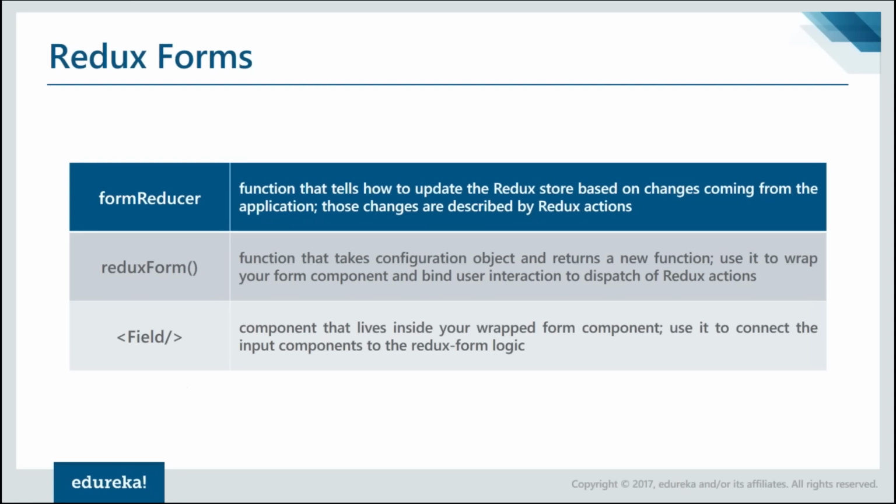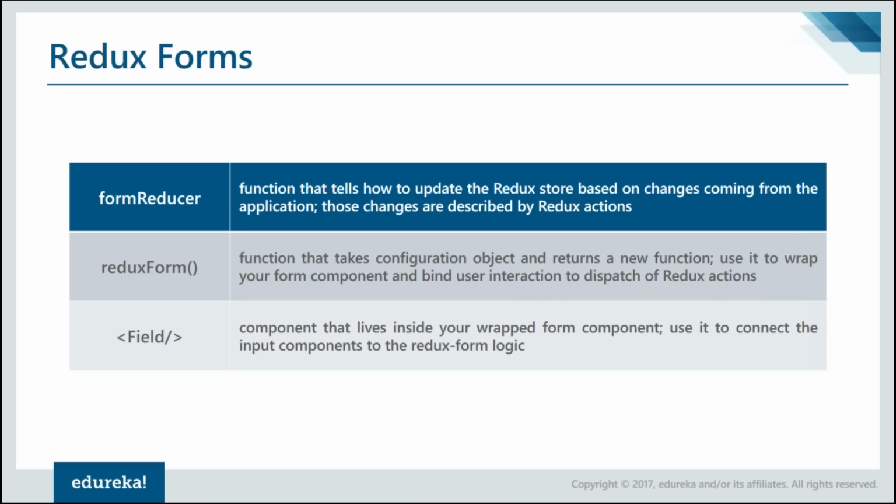So these three components are required to combine the React components and the Redux functionalities, the Redux form functionalities. First, let's talk about the form reducer. A form reducer is nothing but a function that tells how to update the Redux store, because as we saw, we are continuously updating the store, which has the updated state, or the new state, returned from the reducer function.